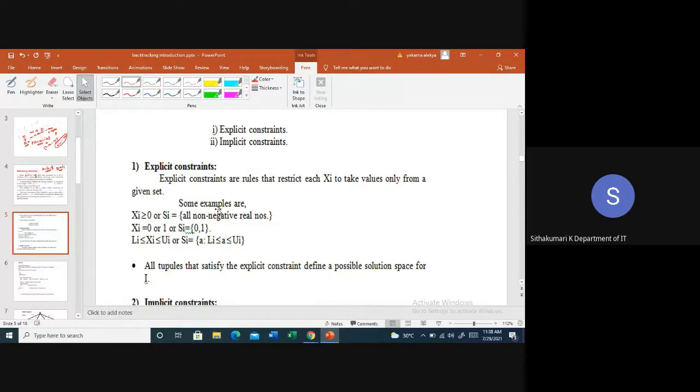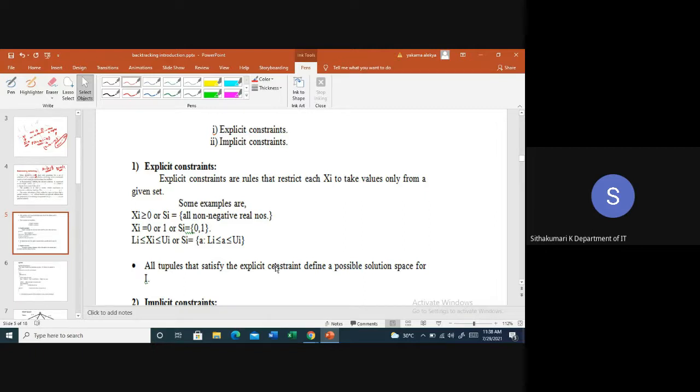All the tuples which satisfy the explicit constraints define the possible solution space for a problem I.